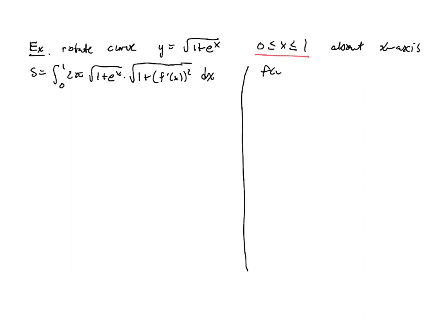So f of x is 1 plus e to the x to the 1/2 power. So f prime of x is 1/2 times 1 plus e to the x to the minus 1/2 power times e to the x. And so I need to square that and add 1.